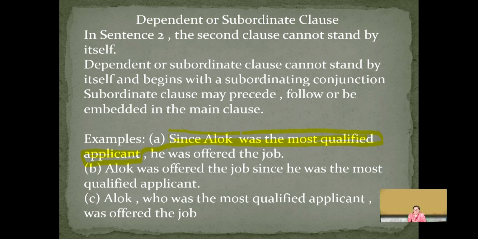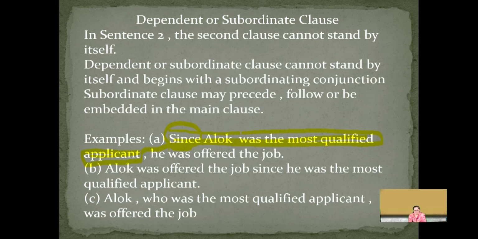But the subordinate clause can also precede the main clause. So here you have the conjunction "since" and the rest follows. "He was offered the job" is the main clause here.